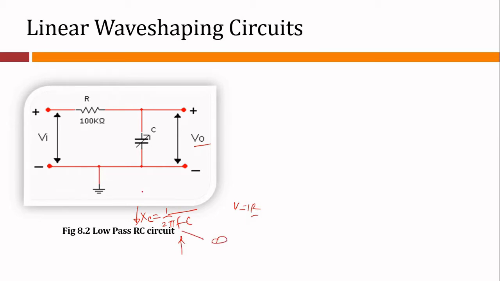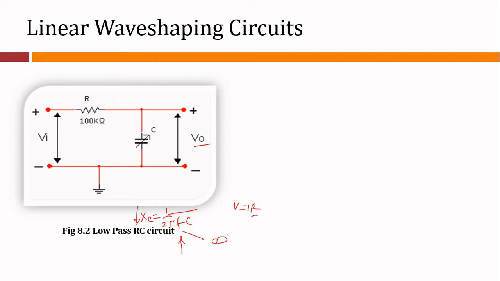So this becomes a short circuit, and the output voltage across the short is always 0. Fine. So the output voltage when F equals infinity will be 0. Since it passes the low frequency signals and blocks the high frequency signals, it is referred to as a low pass circuit. I hope this is clear to everyone.